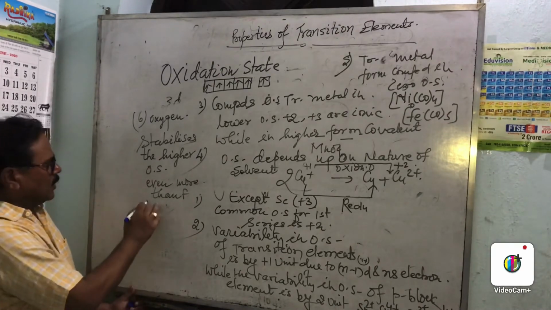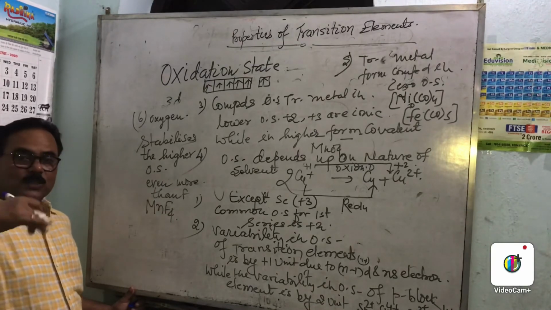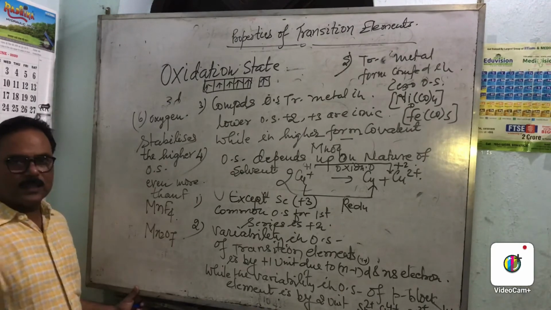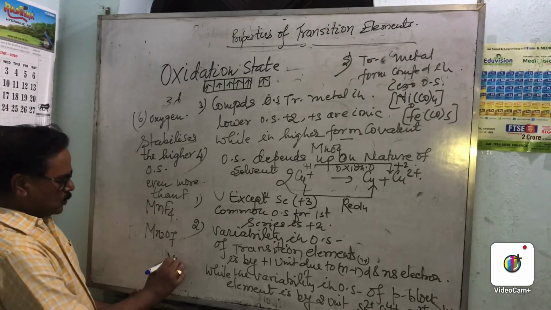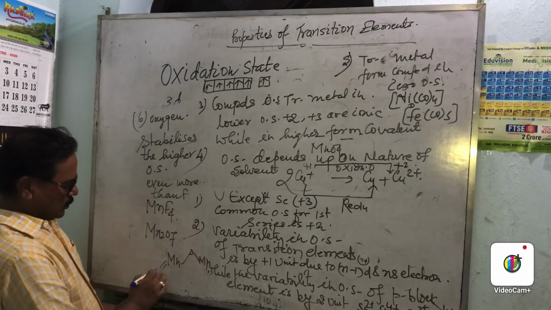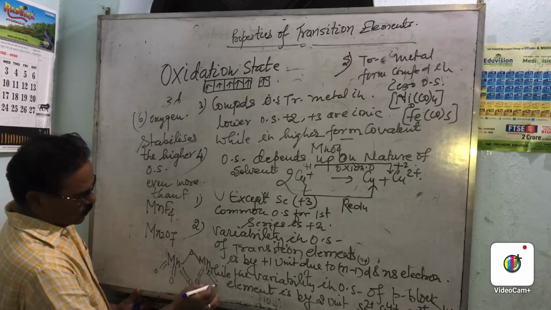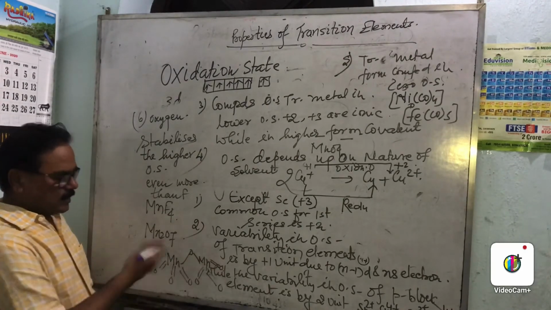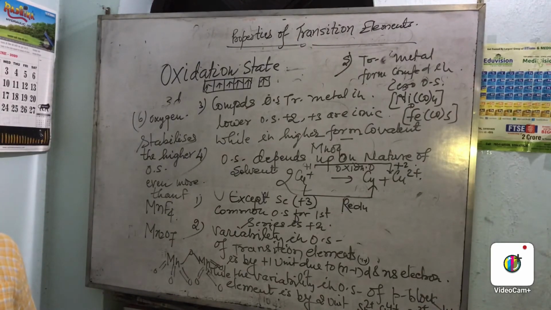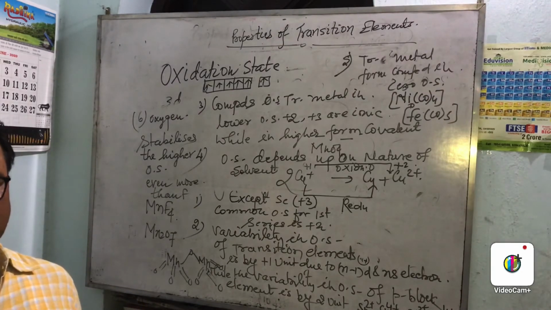The highest fluoride of Mn is MnF4, but the highest oxide of Mn is Mn2O7. Right, this is Mn2O7, written as Mn with O, O, O, and this one is also O. So the question is asked: fluorine is the most electronegative element, and oxygen is not the most electronegative element.